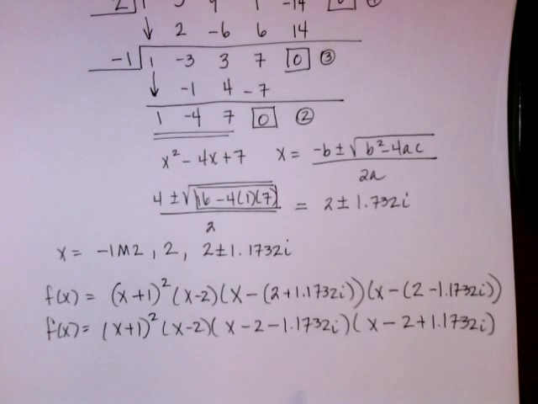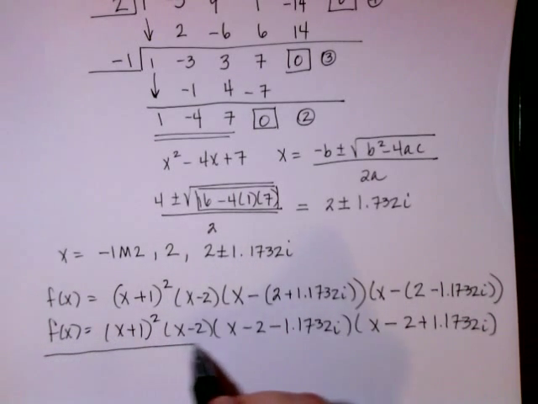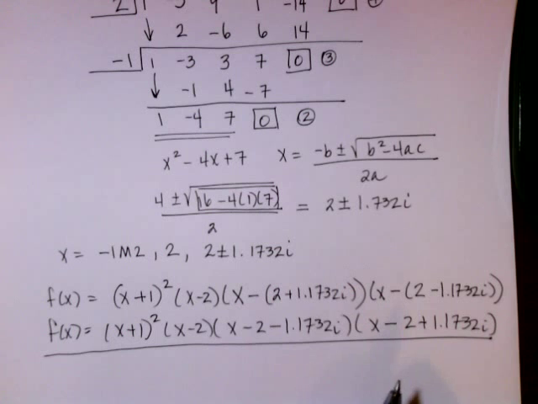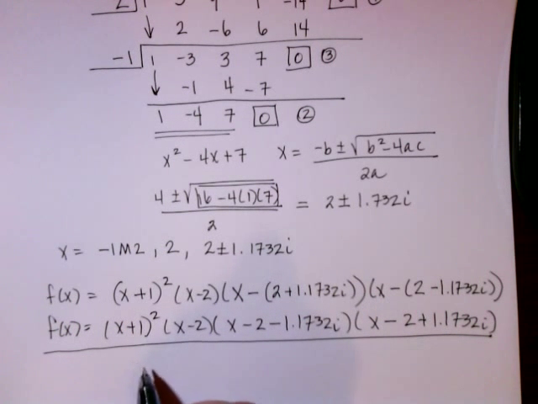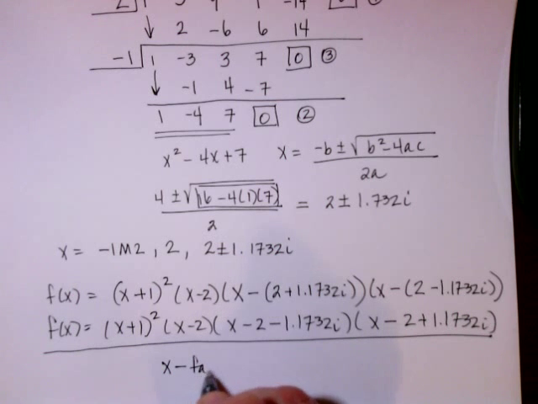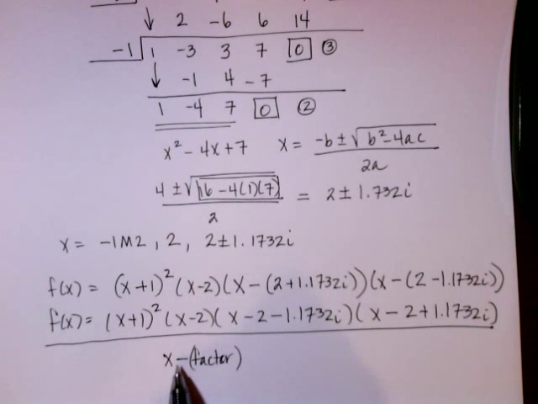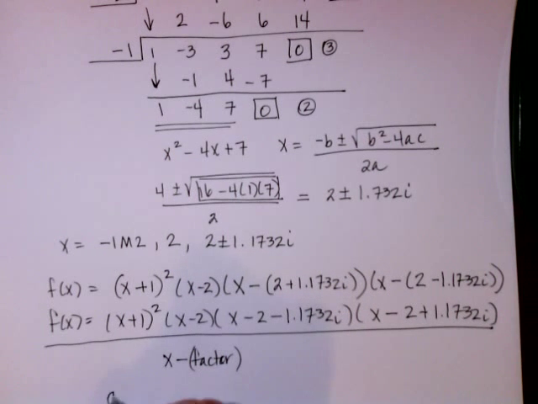Whew, that's a lot of math. So this is the complete linear factorization. It's really important to remember it's always going to be x minus whatever the factor turns out to be. Two negatives would make a positive, or if I had a positive, it would show like this. All right, so now we're going to go in the opposite direction.